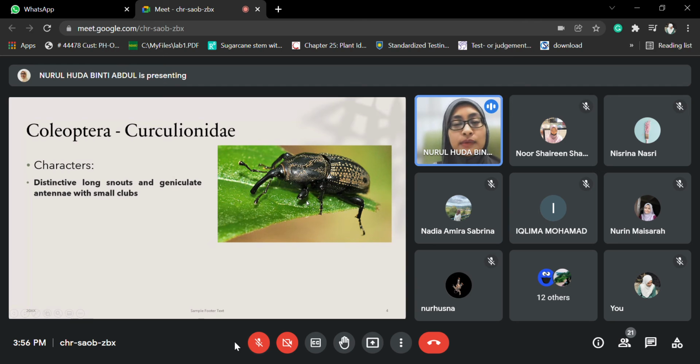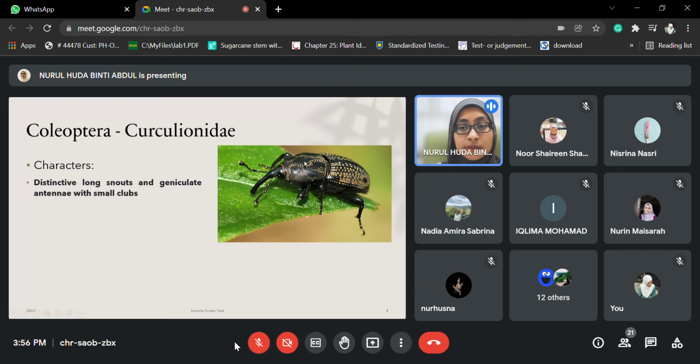But you can Google the characteristics listed under curculionid, or maybe you can compare this kind of curculionid with other types of curculionid. What is the difference between two species or two genus? So tu juga kira dia punya karakteristik lah.